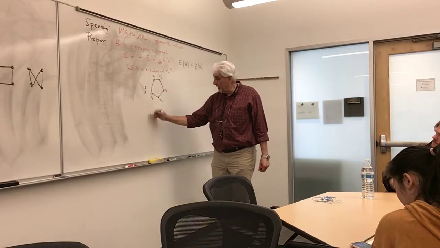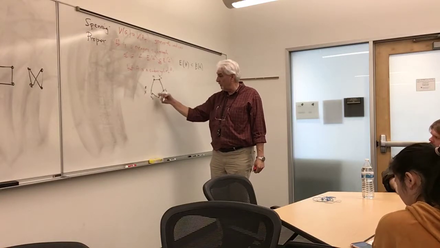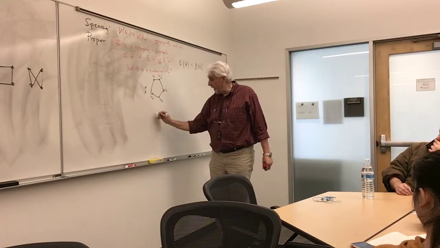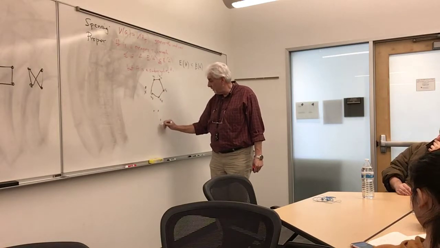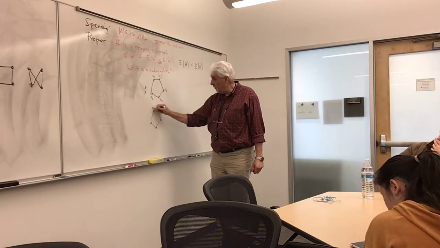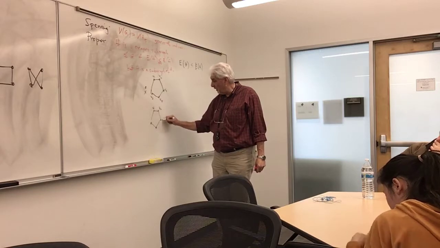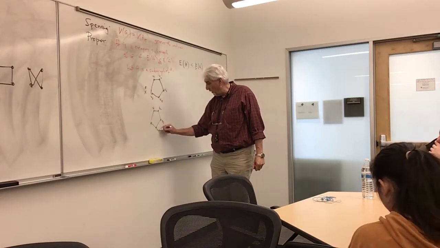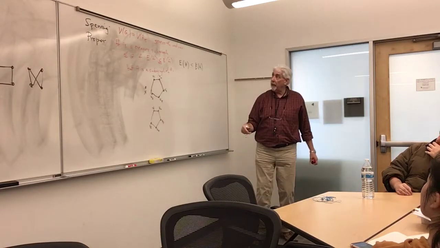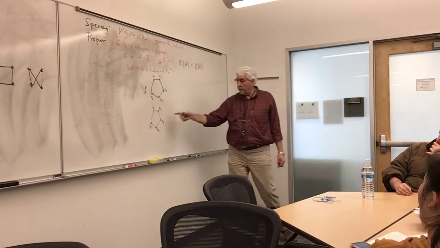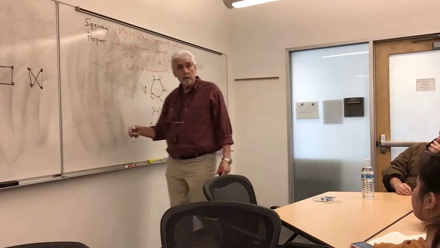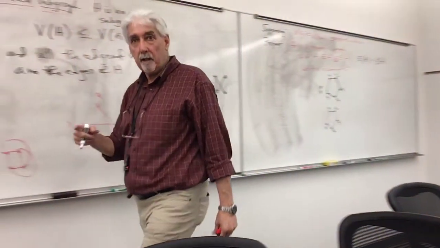The vertex set is X, V1, V2, V3, V4, V5. In this book, they say that V1, V2, V3, V4, V5 is a proper subgraph of G.